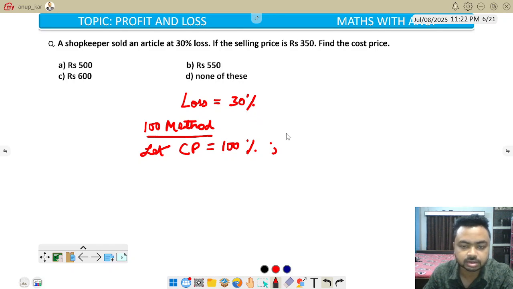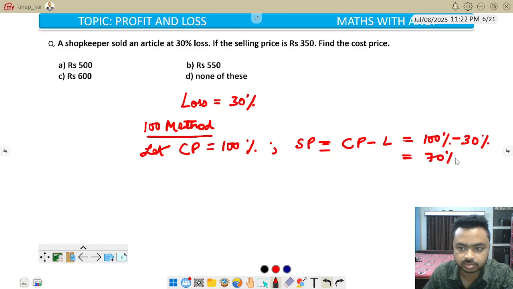So my selling price will be equal to cost price minus loss, which is equal to 100% minus 30%, which is equal to 70%.